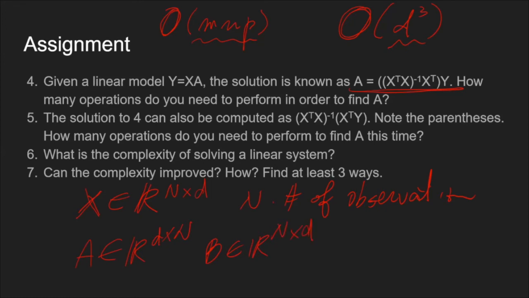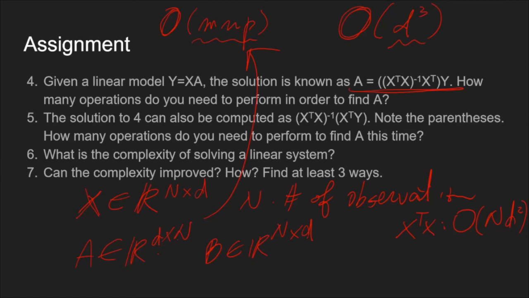Let's substitute that into this formula, which will give you the complexity of n d squared, because d corresponds to m, n corresponds to n, and d corresponds to p. So the complexity of X transpose X is going to be n d squared.